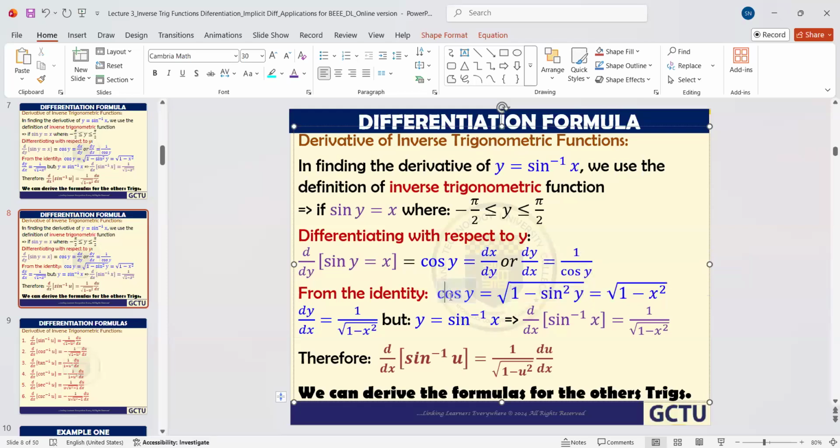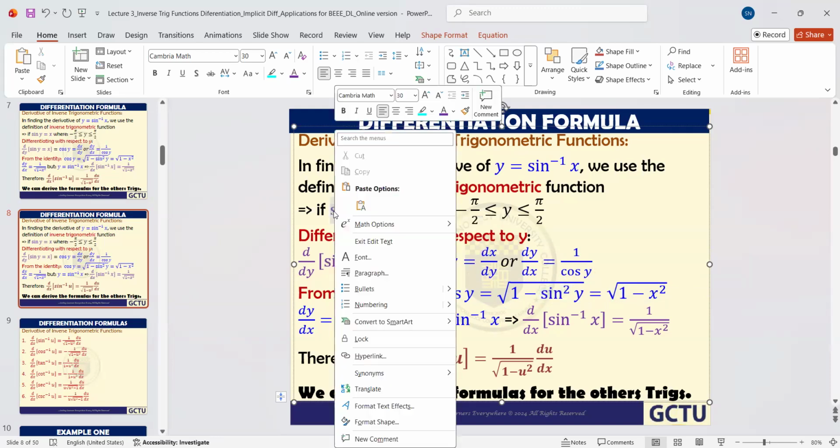Now, but what do we know about our sine squared y? Remember that sine y, remember this one, this is sine y.